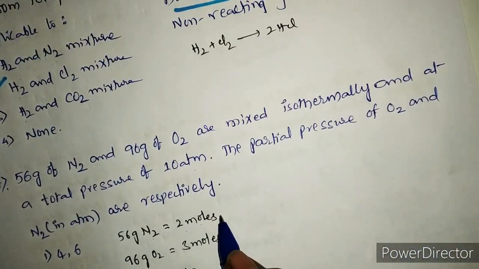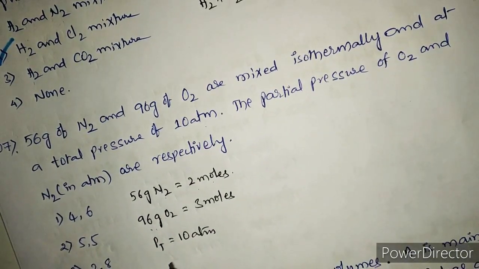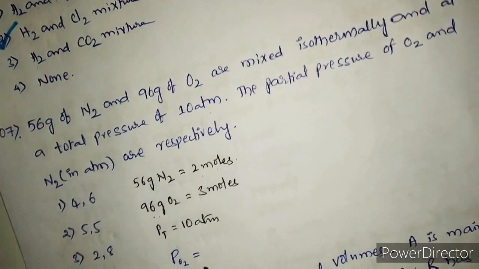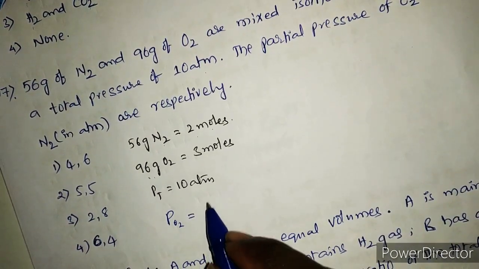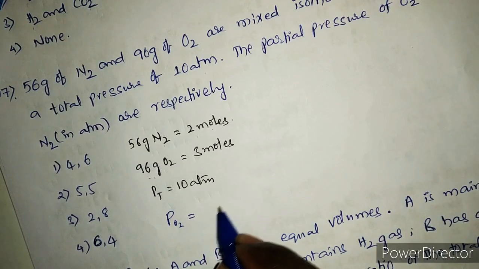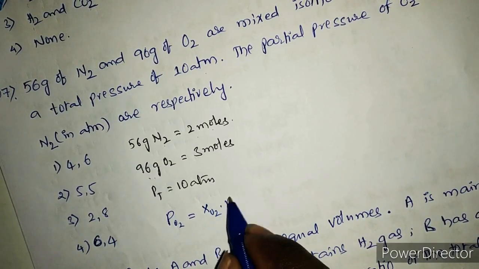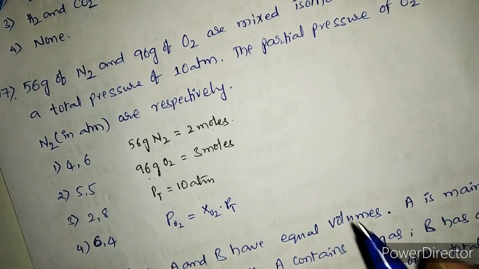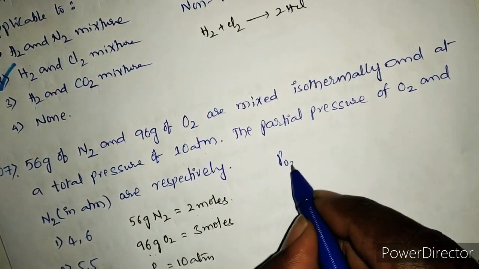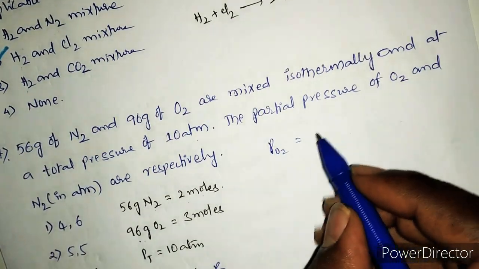So here 2 parts of nitrogen and 3 parts of oxygen are given. You have to find the partial pressure of oxygen first. Partial pressure of oxygen is the number of moles of that by total number of moles, that means mole fraction into P total.